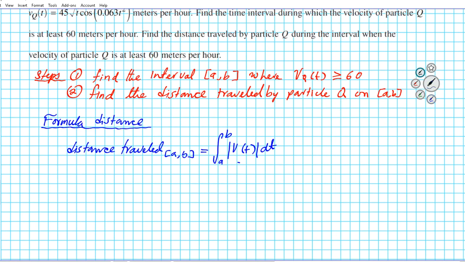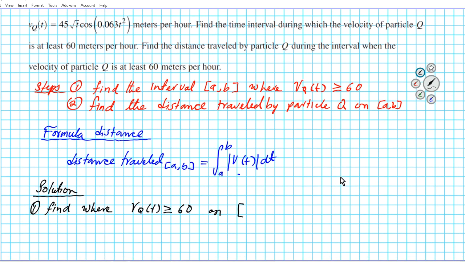We're going to find the interval where the velocity is 60 or greater. So find where V sub Q of t is greater than or equal to 60. So we are constrained with the t interval, the time interval.